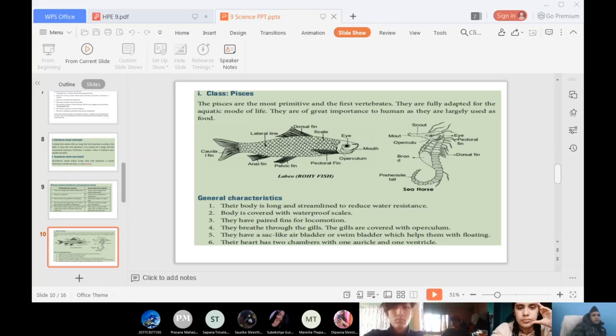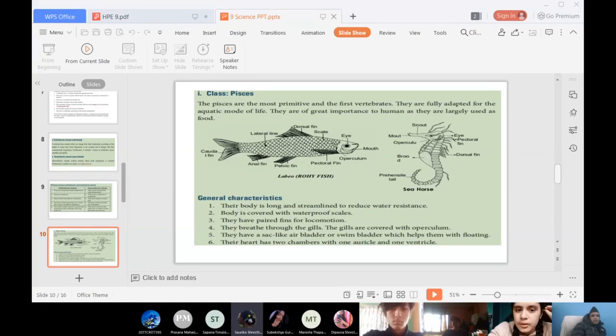I'm using my mouse to draw, so I don't know whether it will be neat. It became nearly similar to the heart of a frog. So there are 3 chambers. Look here. This lower chamber is called the ventricle.